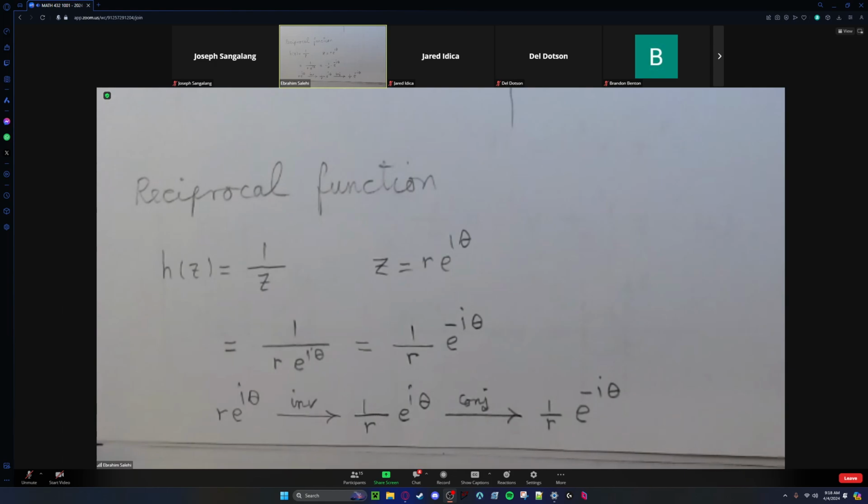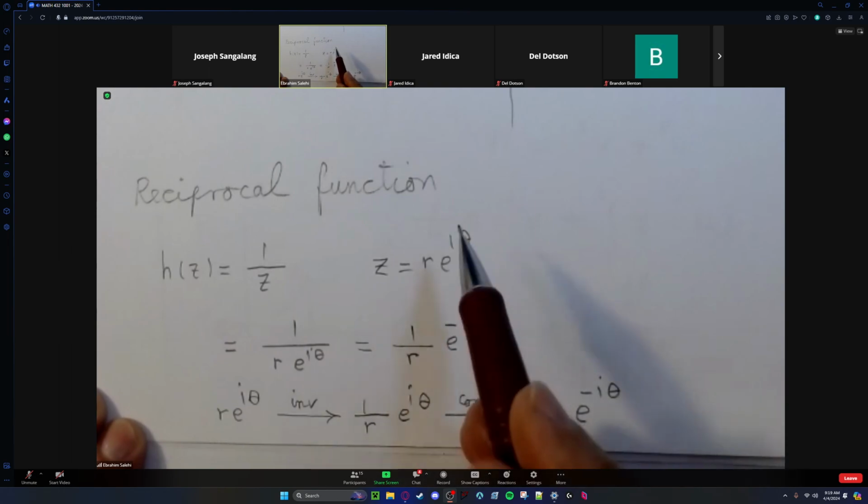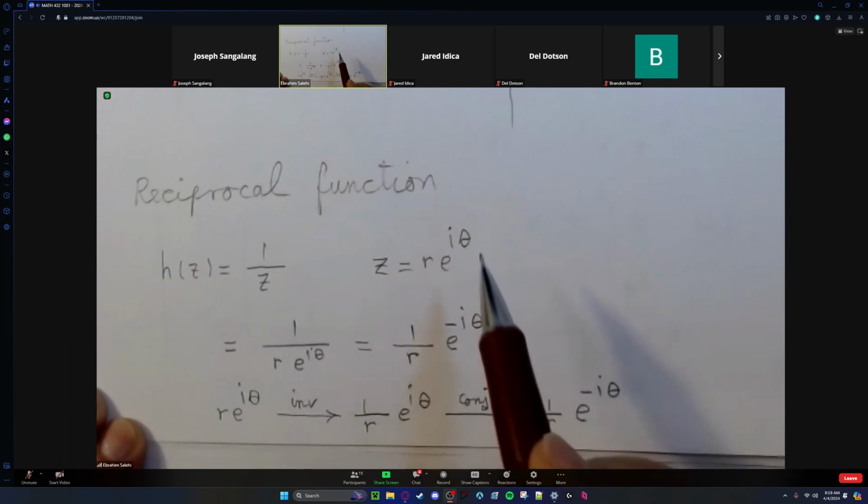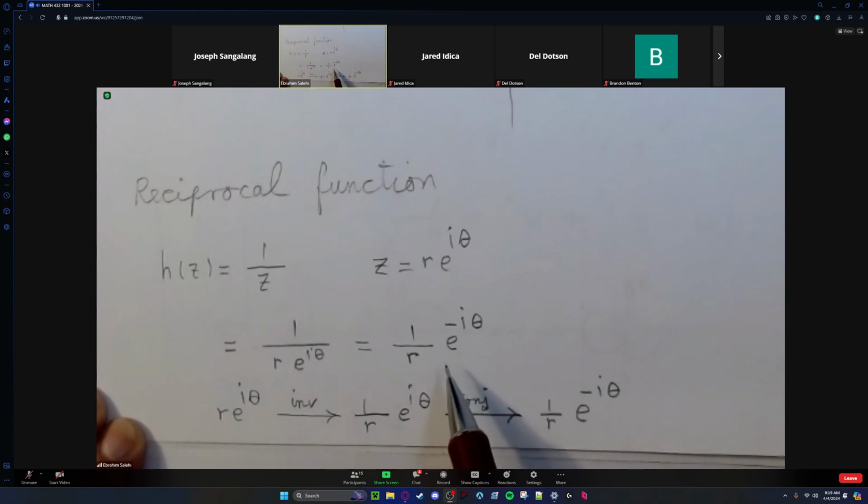these two geometric motions. So 1 over z sends r e to the i theta to this one. Or you can look at it in this way. First, it sends r e to the i theta to this one, which is inversion. Then it changes theta to negative theta, and that's conjugation.